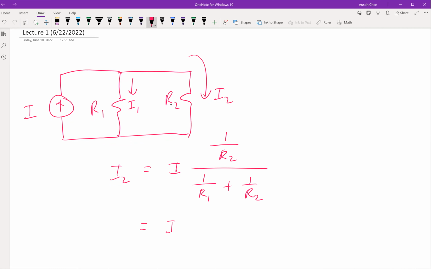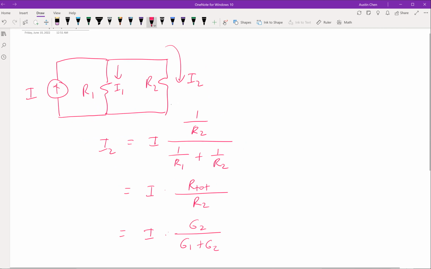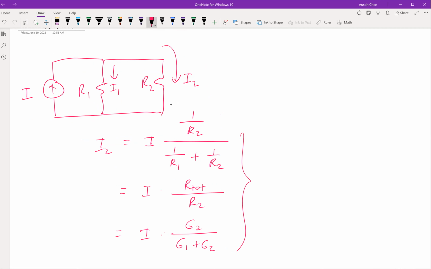Or we can do I times R total divided by R2. Or I can do I times G2 over G1 plus G2. These are the three equations that we discussed, and I basically plugged in this circuit.